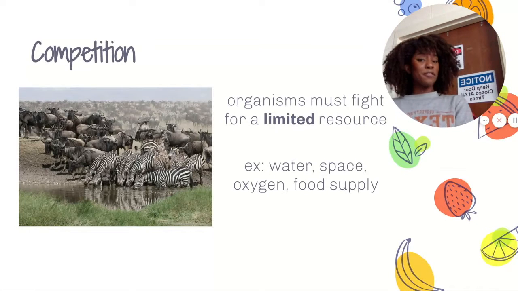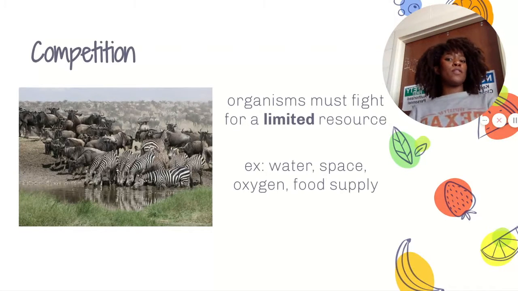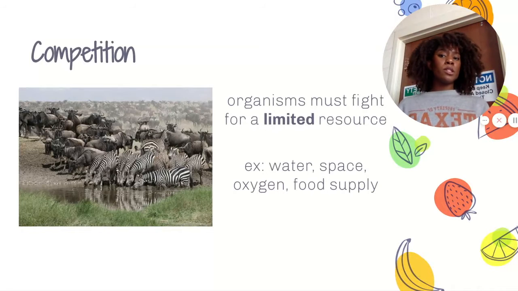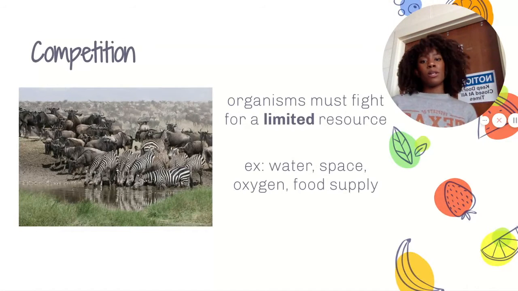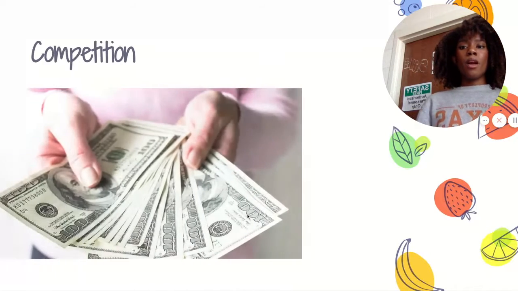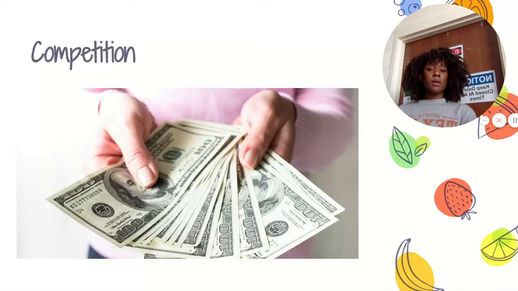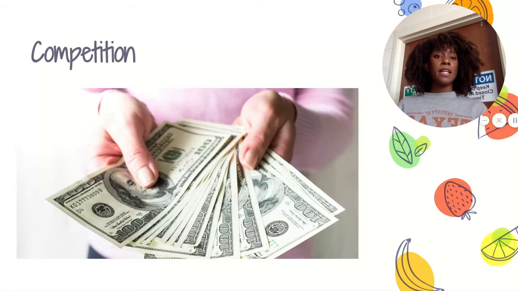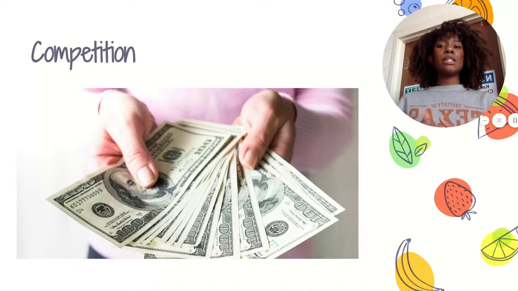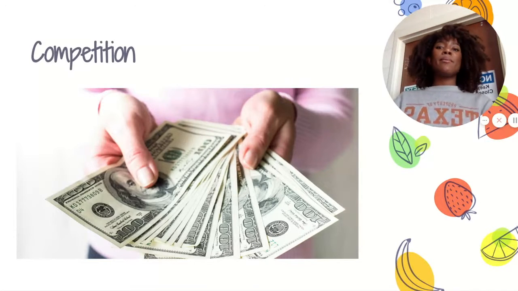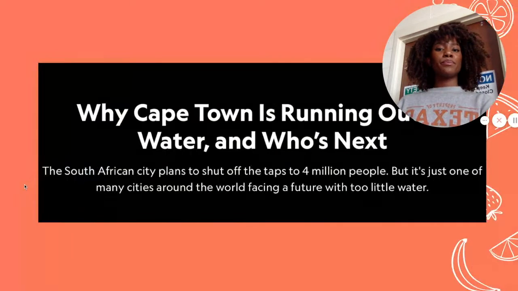So organisms will have to fight to get oxygen if they live in the lower part of the ocean. And even food supply. We know about that in humanity, right? There's only so much food that's being distributed, so people often have to fight for it. Competition can also look like fighting for money, going to a job and fighting for your money. So competition is seen across any limited resource whatsoever.